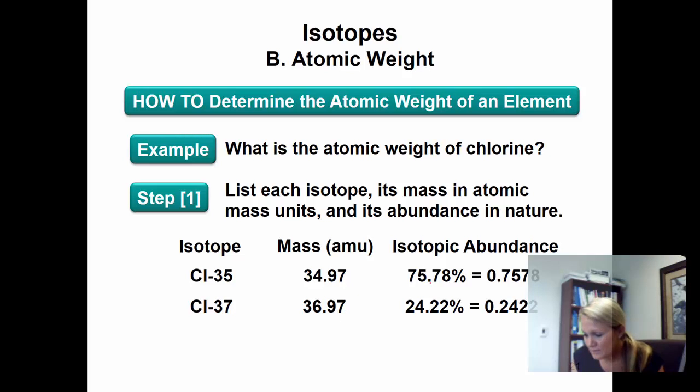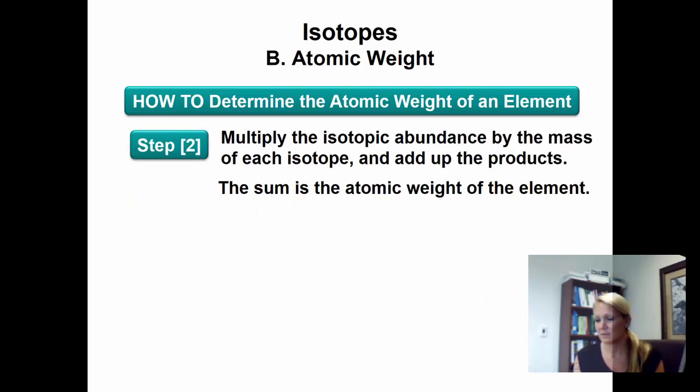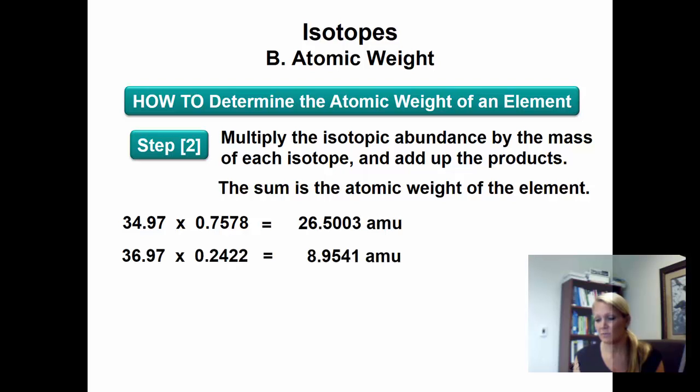All right, so we pull these out of percentage, because percentage is always times 100. So I'm going to move my decimal back over and get these numbers here. And now I'm just going to multiply that 34.97 by the percentage for each of those, the numbers that we had on the previous slide.